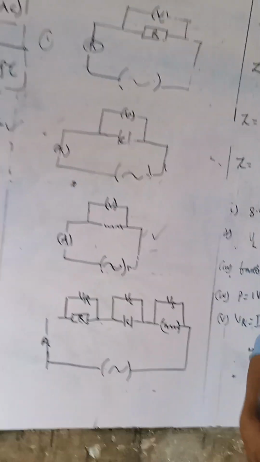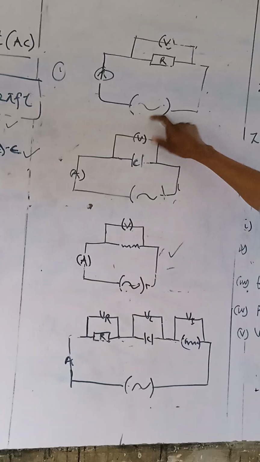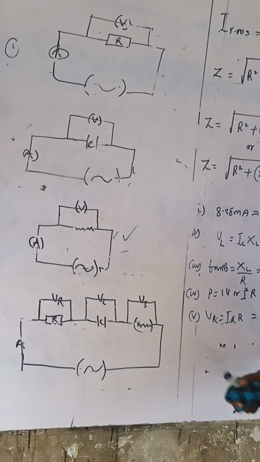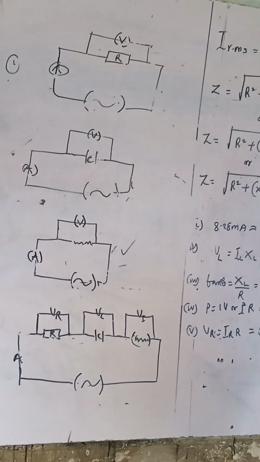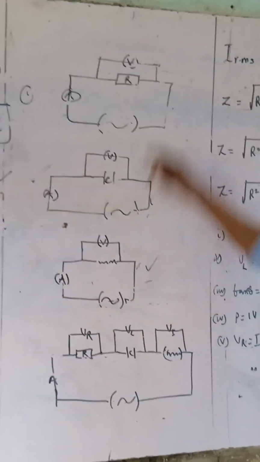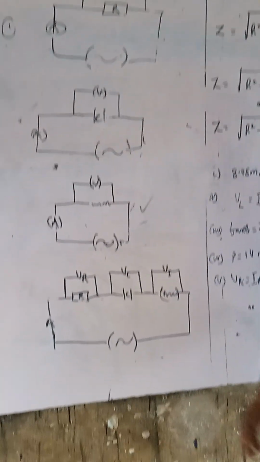That's why the voltmeter must be designed to have a high resistance, so that you will not be taking more current from the supplier. So in each of the cases, the circuit must be drawn like this, where the ammeter is connected in series with the supplier, and the voltmeter on the other hand is connected in parallel with the supplier.